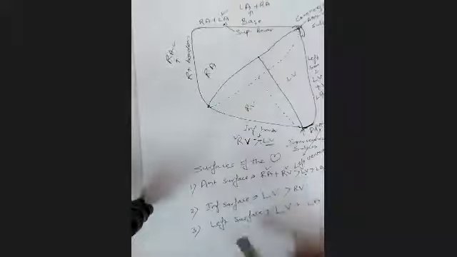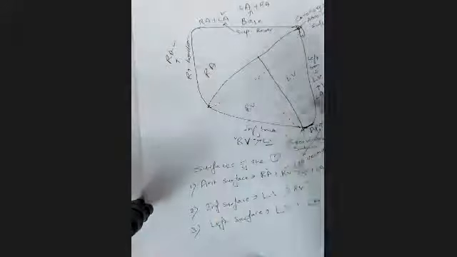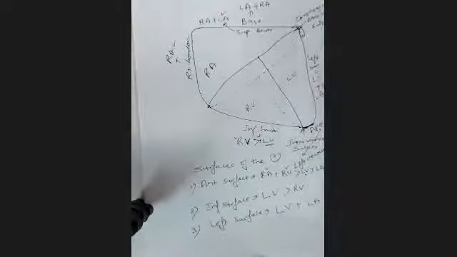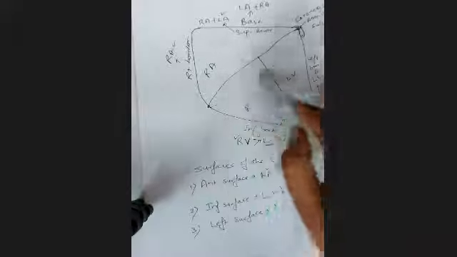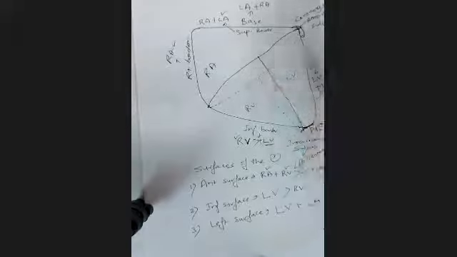The heart has three surfaces: anterior surface, inferior surface, left surface, and four borders: the superior border, right border, inferior border, left border. And the heart has two major sulci: the coronary or atrioventricular sulcus, and the interventricular sulcus, which separates the right ventricle from the left ventricle.